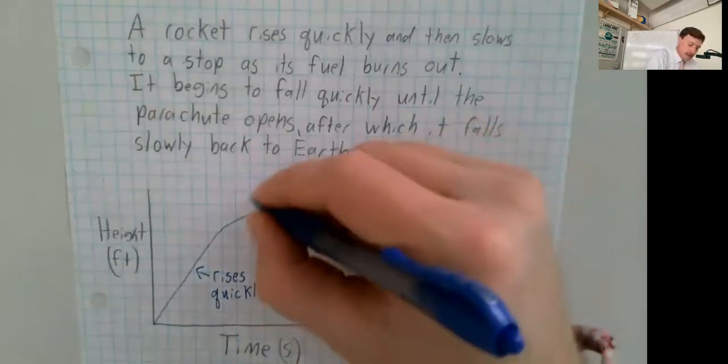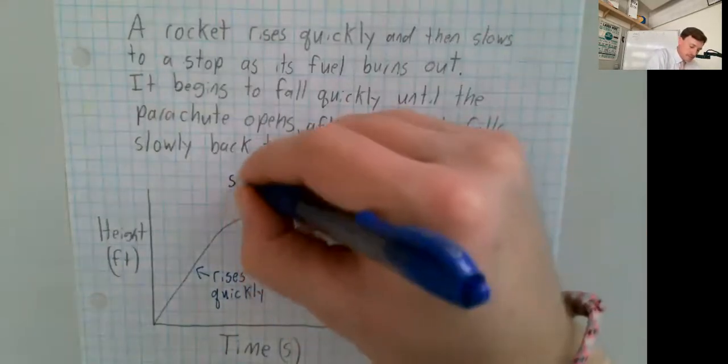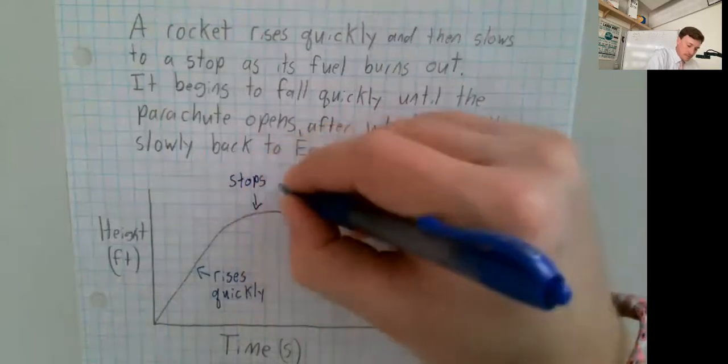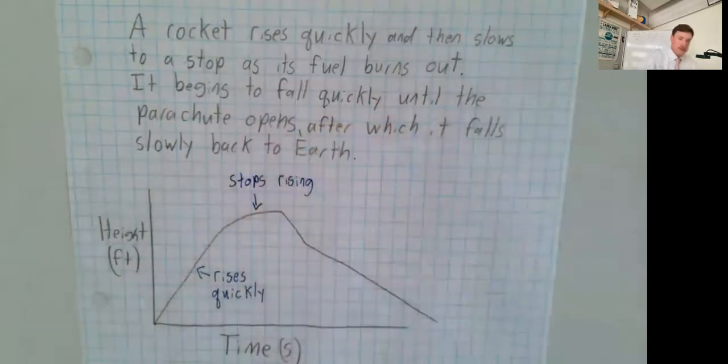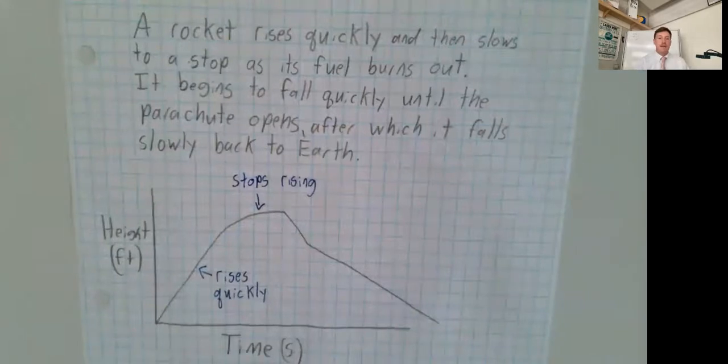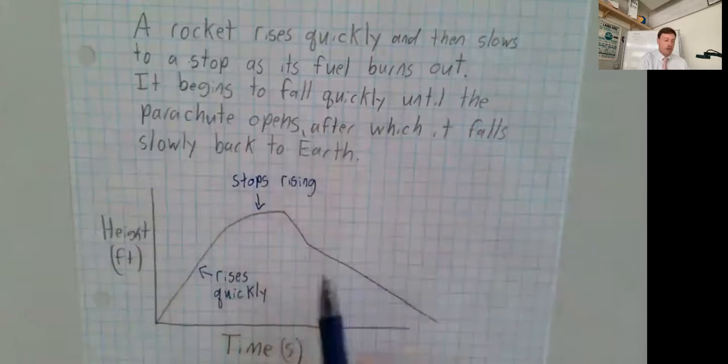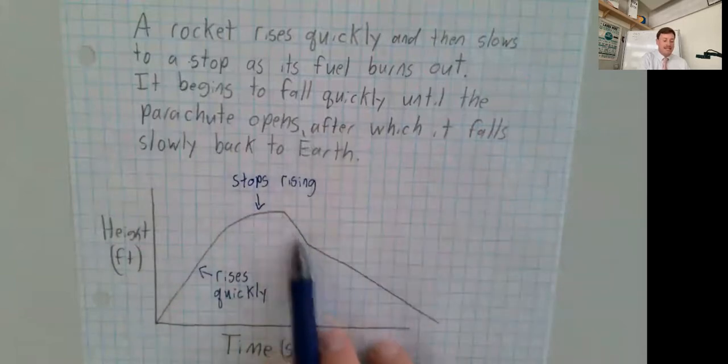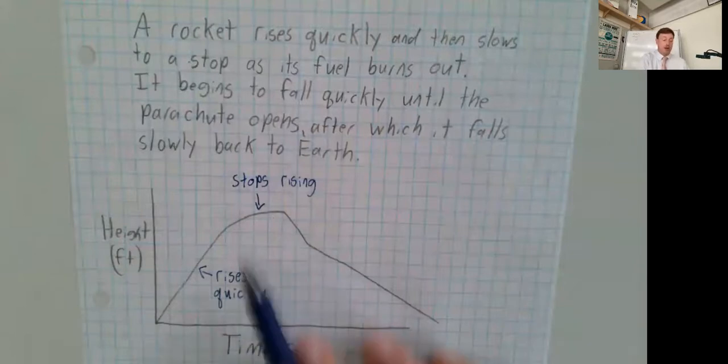So let's represent that. It stops rising at that point here. What happens next? It begins to fall quickly. Well, here is my decreasing slope, my negative slope, which shows me that it's actually starting to fall back to the earth.